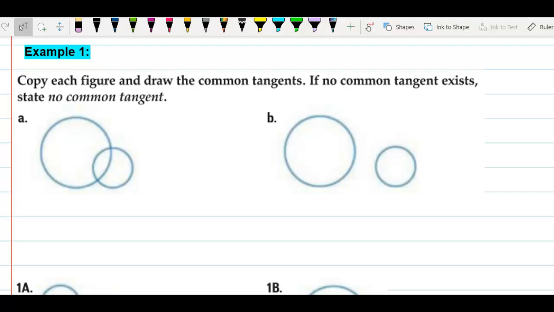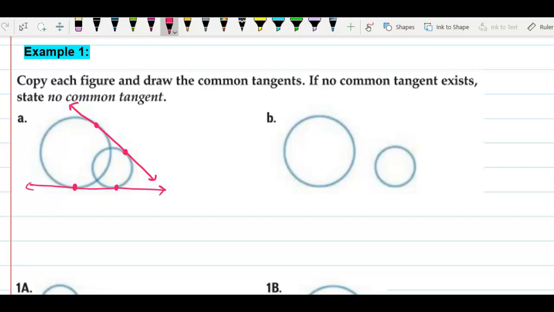Think about if we did it across the bottom, we could draw a line and establish the points where the circles touch. Similar thinking, we could draw one across the top. I know these aren't going to be exactly perfect, but we can draw 2 there.